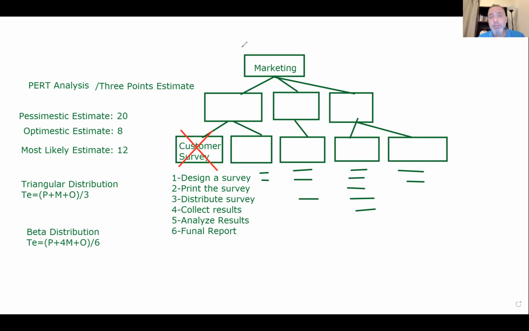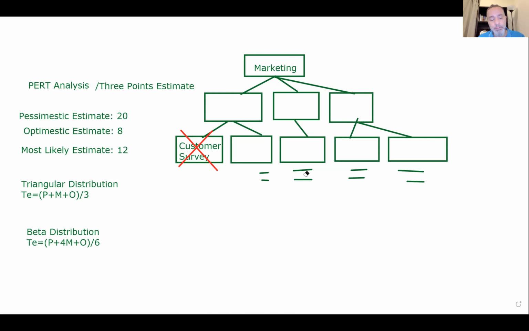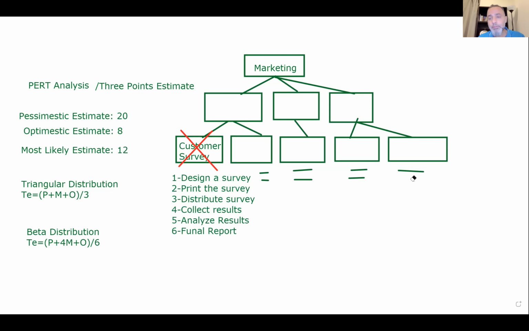Let me just clear this a little bit. Okay. So basically, it's also called activity on node, AON. We will represent each activity here with a node.